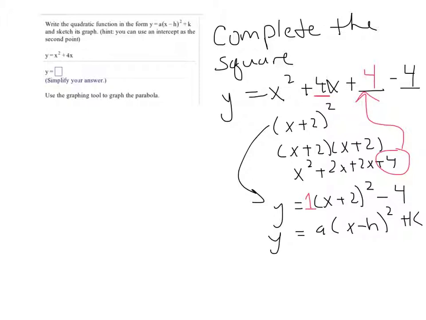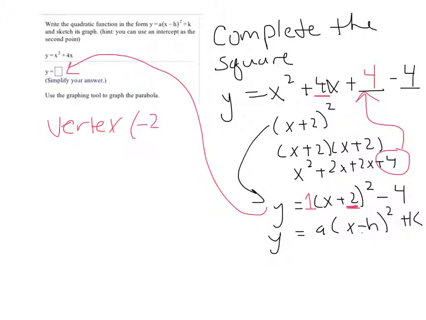So what we have for our vertex then, so this is what goes in this box, and then pretty soon you'll ask for a vertex when you graph your parabola, and our vertex would be at the opposite, because the negative means opposite, of positive 2 is a negative 2, and then negative 4. And the reason we don't do opposite on that is if you fit the form here. So that's my vertex, negative 2, negative 4.